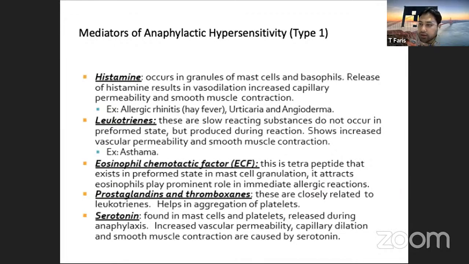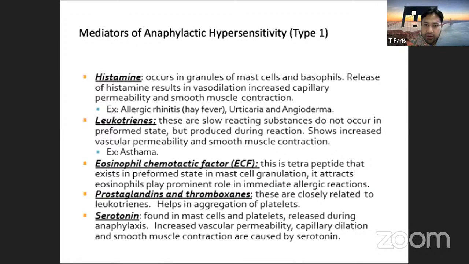They are slow reacting substances compared to histamine and do not occur in the preformed state, but are produced during the reaction. They show increased vascular permeability and also smooth muscle contraction. They are additional signaling mediators also involved in hypersensitivity type 1.